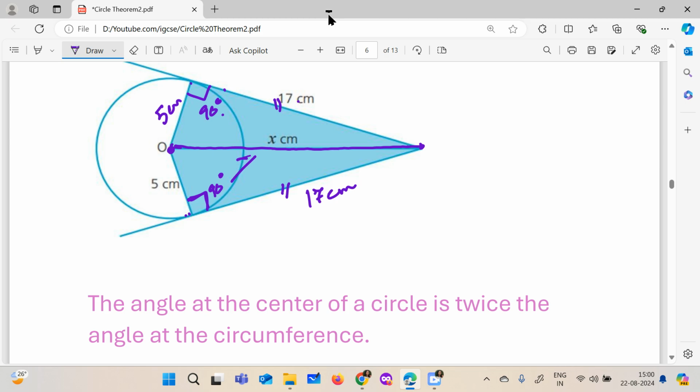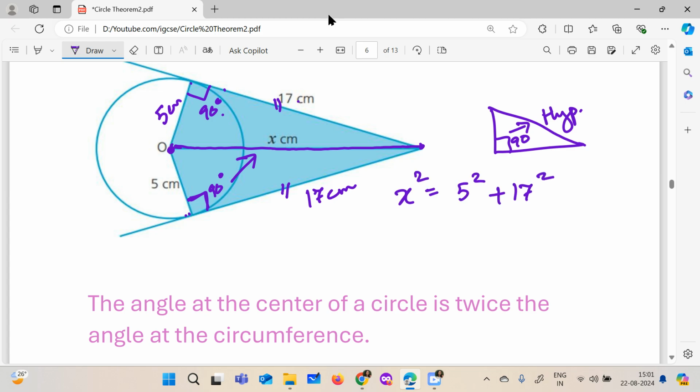So opposite to 90 degrees we have x. Yes, it is the hypotenuse, don't forget that. When you understand this is the hypotenuse, go with the Pythagoras theorem. So your Pythagoras theorem is x squared equals 5 squared plus 17 squared.